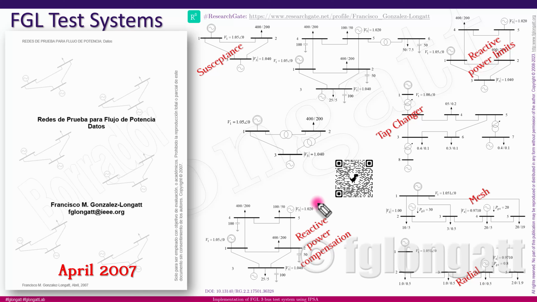Later, I believe 2020 to 21, some of my students in Norway also used those models in order to learn to perform power flow calculations. And I don't remember the year, but also in the UK and some other countries in South America, they used those test systems for analysis.